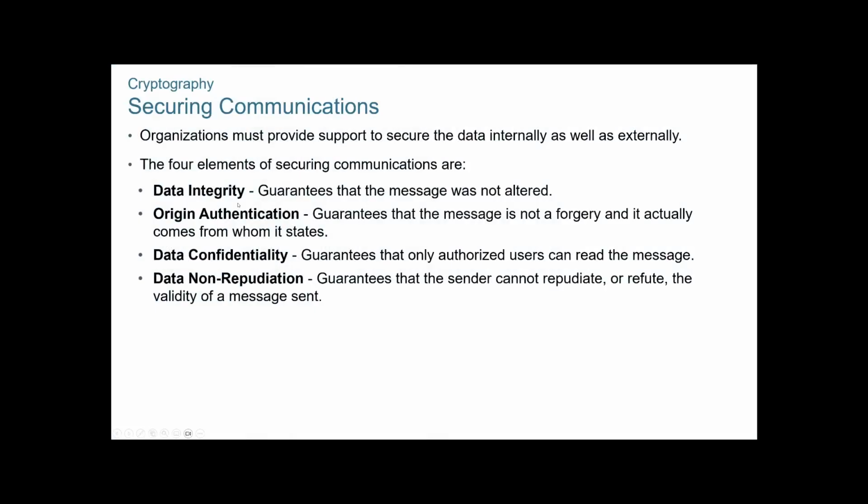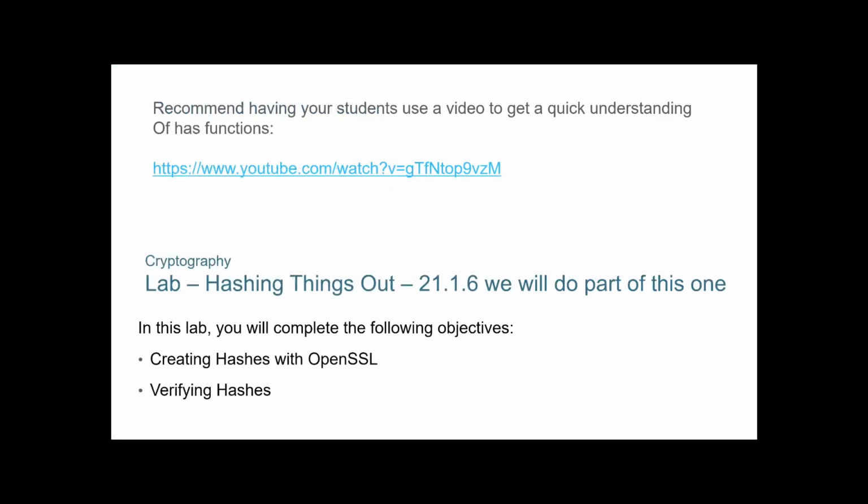Cryptography is used to ensure data integrity, guarantee that the message is not altered, guarantee that it's authenticated, confidential, non-repudiated, guarantees that the sender cannot repudiate or refute the validity of a message.